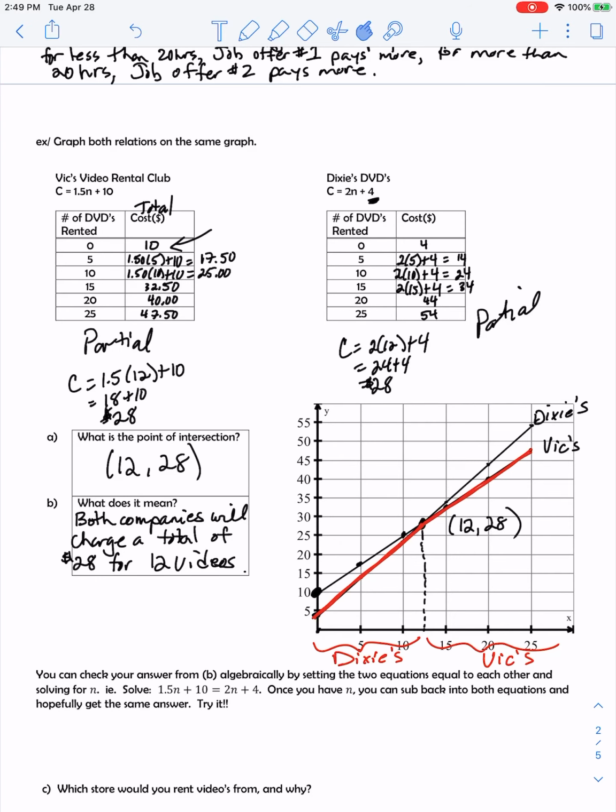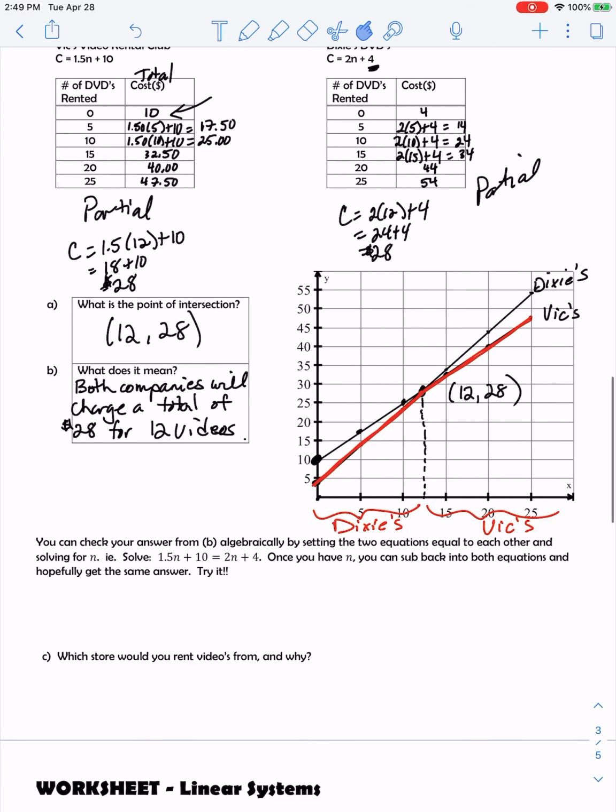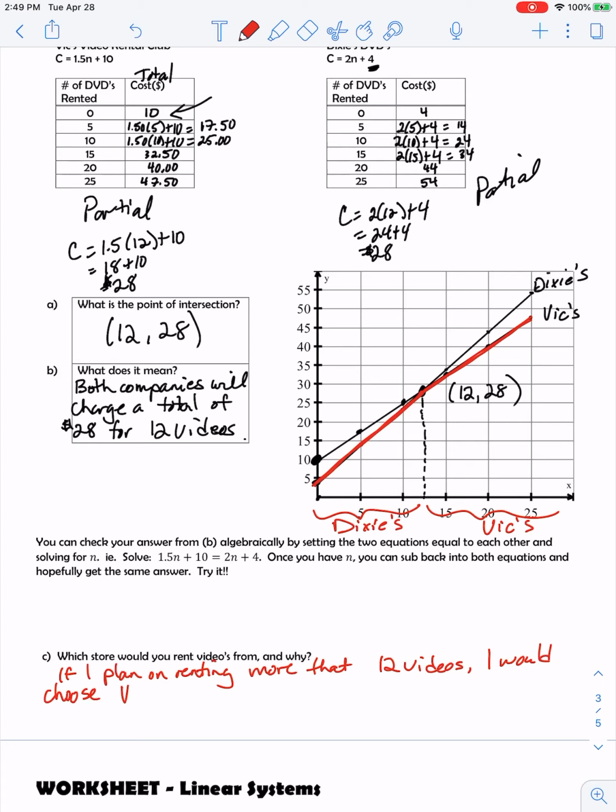Okay, so the last question down here says, which store would you rent videos from and why? And I would say, if I plan on renting more than 12 videos, I would choose Vic's.